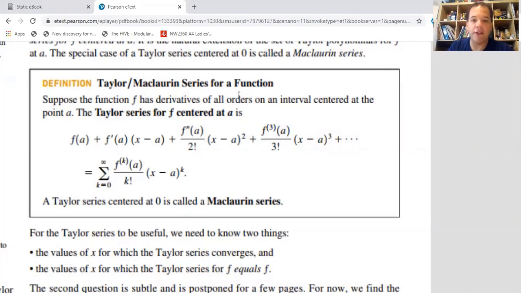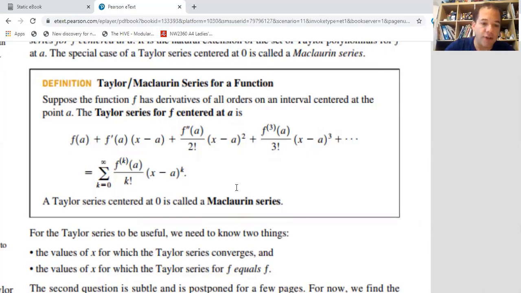So when the center is 0, they have a special name, and that's because this guy Maclaurin studied them first, in particular when the center was 0. So James Taylor is the other one that is referred to here. And this is what it is. So it's just this series that we talked about. It's the k-th derivative evaluated at a divided by k factorial times x minus a to the power k. And the difference is that we go from 0 to infinity.